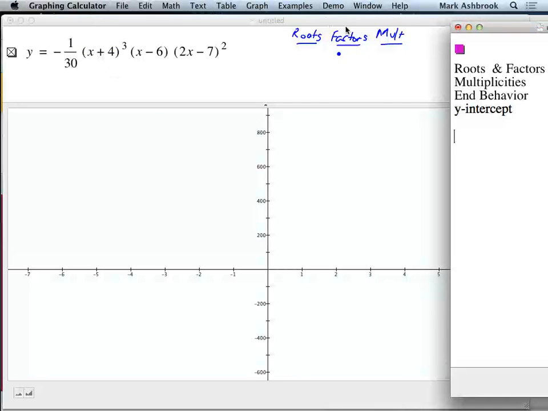A factor, right? And so what's the root we get for x plus 4? Negative 4. Okay. And then there's x minus 6, and then 6. Okay. And then 2x minus 7, and that would be 7 halves. Okay.